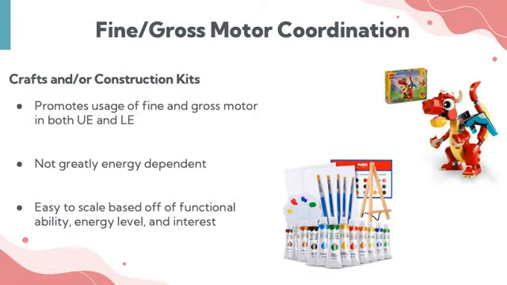Another good intervention that we could use are crafts or construction kits. These are pretty great because they promote usage of both fine and gross motor movements, and this can be in both the upper and lower extremity. And they're pretty universal in terms of energy level or movement ability, because it could be something as complex as a motor car or train kit, which has a lot of little pieces and a lot of steps, to something as simple as a small Lego set or a small puzzle that doesn't really have a lot of components to it.